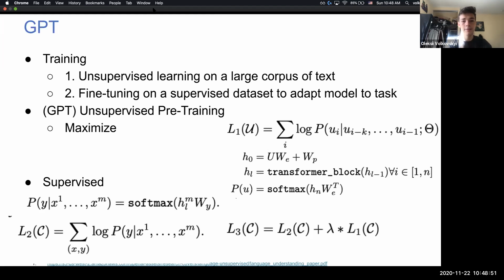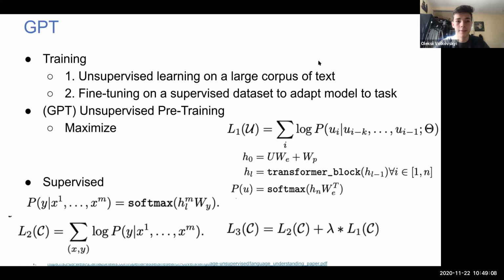And it turns out that by doing it this way, they're able to set state of the art benchmarks for every single language task. All the different language tasks, like translating or question answering or generating paragraphs, have something in common that they're able to prove by doing this, because they're able to train on just a large amount of text, and only then fit to the specific task.